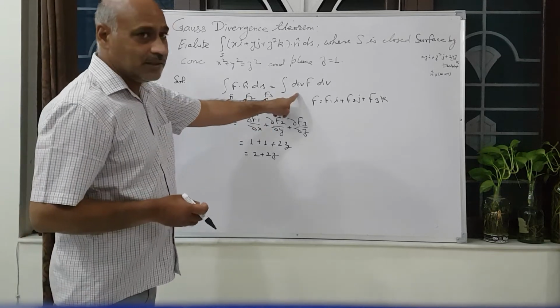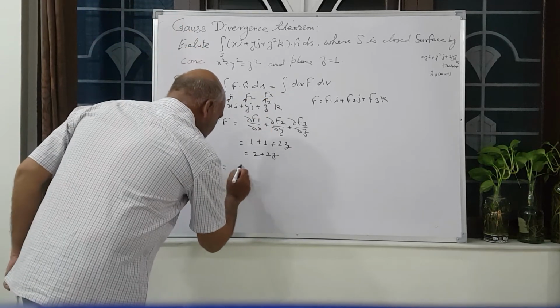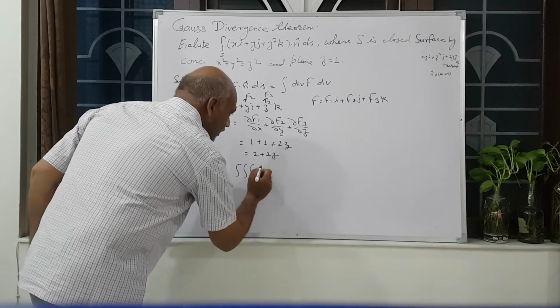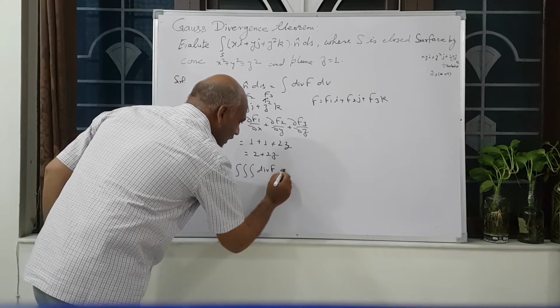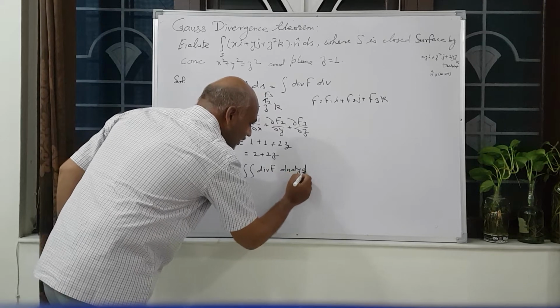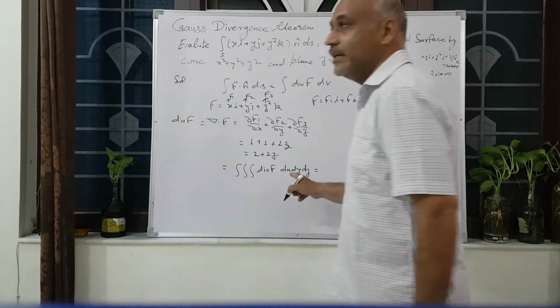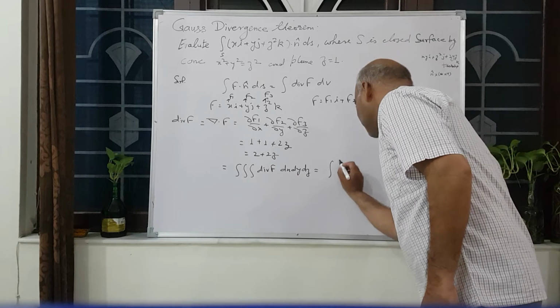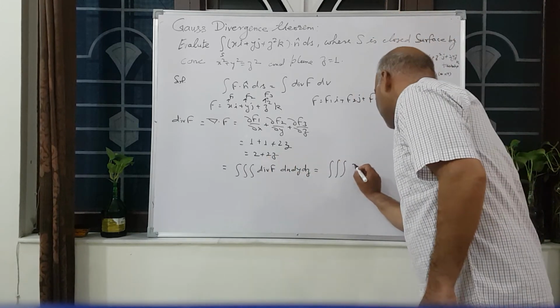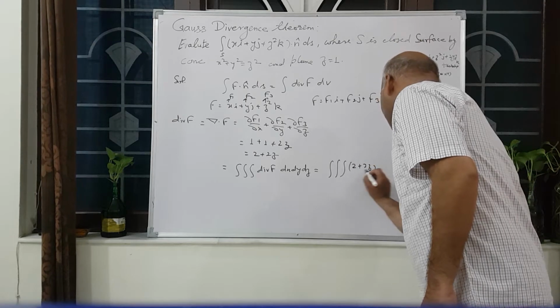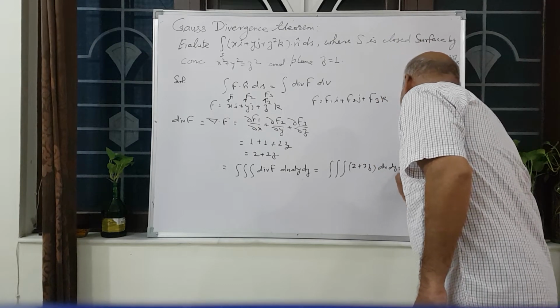So we will put here the triple integral of del dot F, divergence F dV, where dV means dx dy dz. Here we put the value of divergence F, 2 plus 2z, dx dy dz.